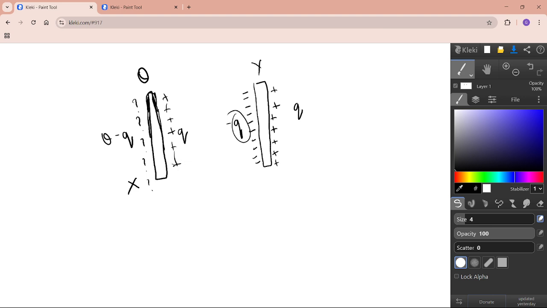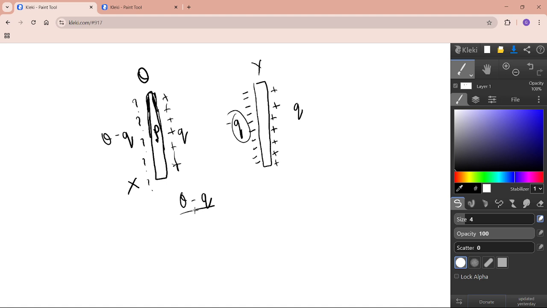What they have asked is the surface charge density at the inner surface of the plate. Of which plate? Of the plate X. Now, how to calculate? As I did earlier, take this point as P and add the electric fields: Q minus Q upon 2 epsilon naught.